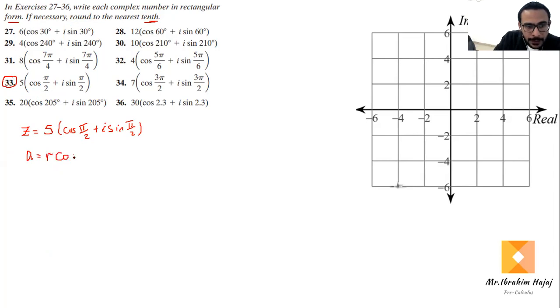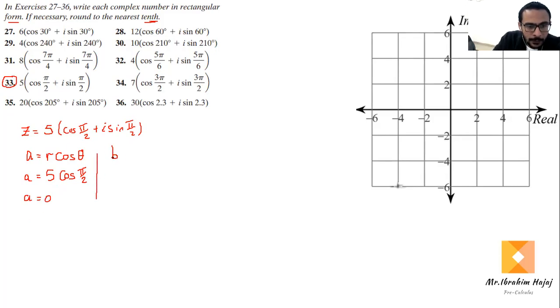It's r cosine theta, equal to 5 cosine pi over 2. Cosine 90 is 0, times 5, which is 0.